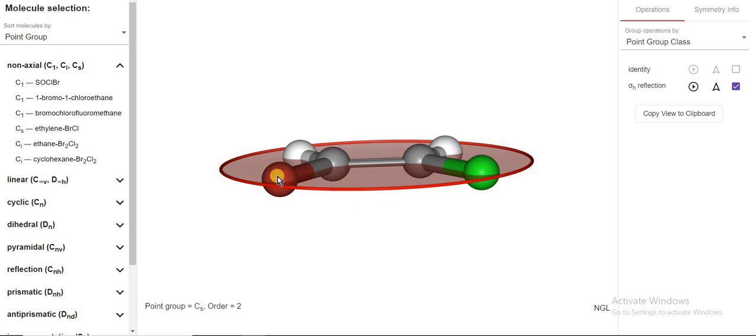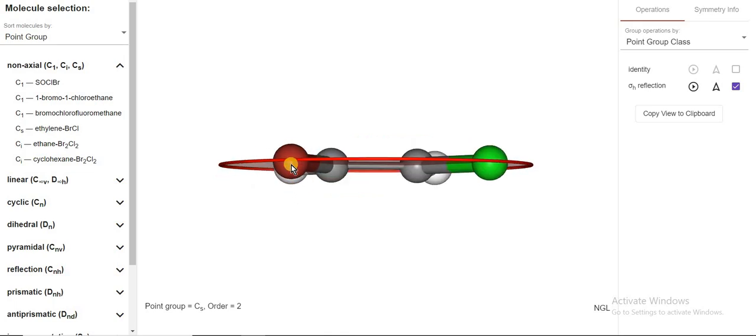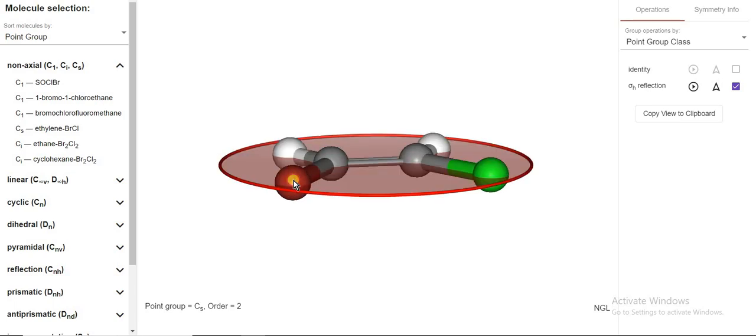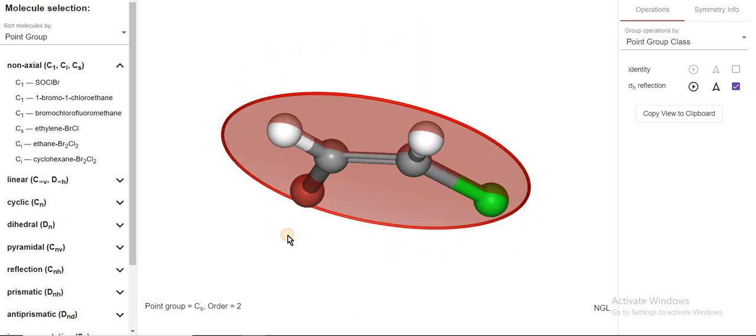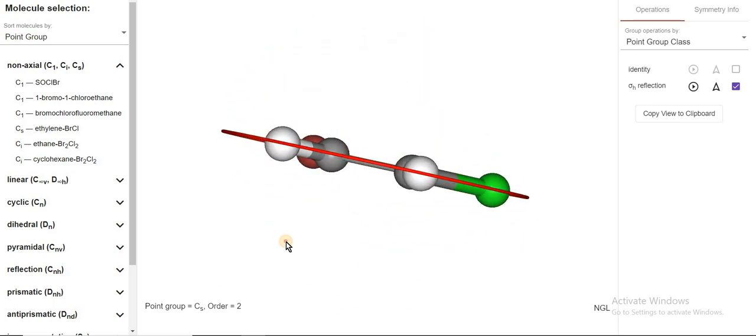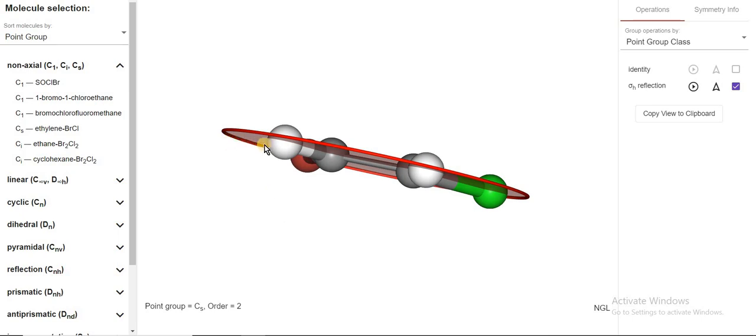So this plane reflects this half of this molecule, and these two halves are mirror images of each other. This plane cuts this molecule, as you can see, half and half.